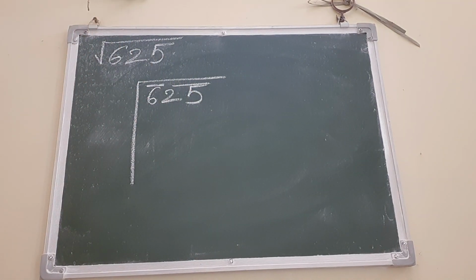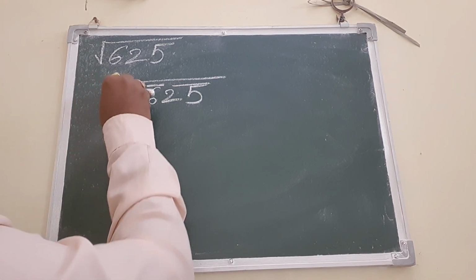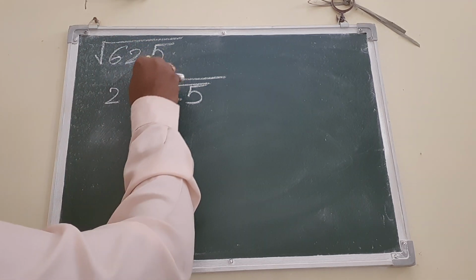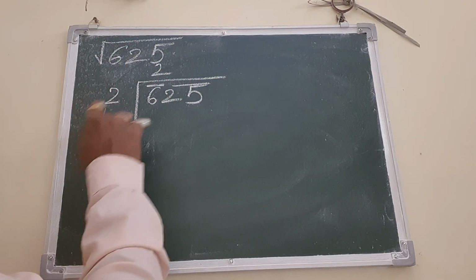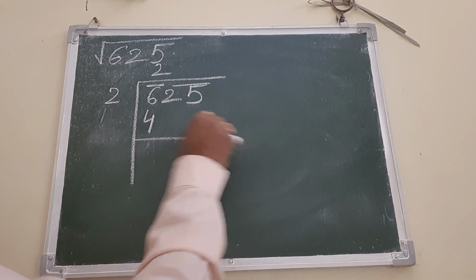So now 6 is there, so we are going to read the table in squares. 1 1 ja 1, 2 2 ja 4, just the next lesser number. 3 3 ja 9, so 2 is the next lesser number, so it will go by 2. 2 2 ja 4, so it is coming out to be 4.